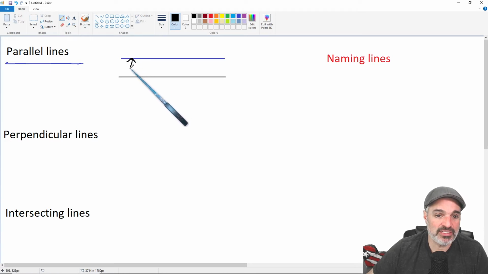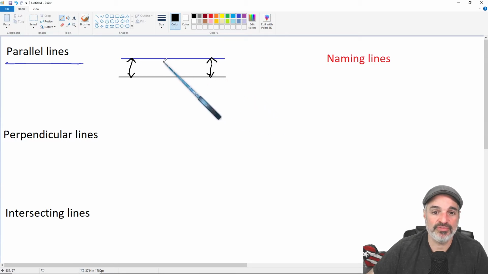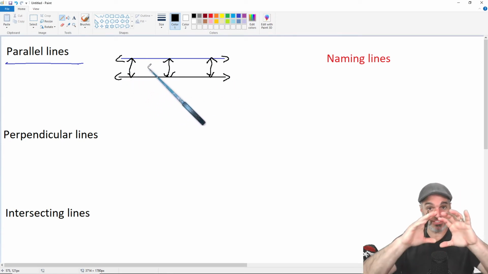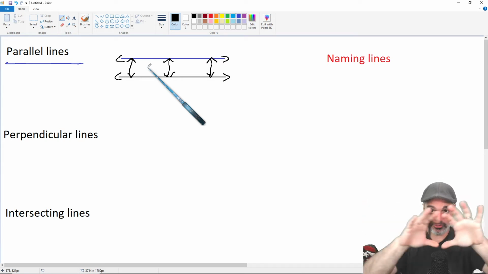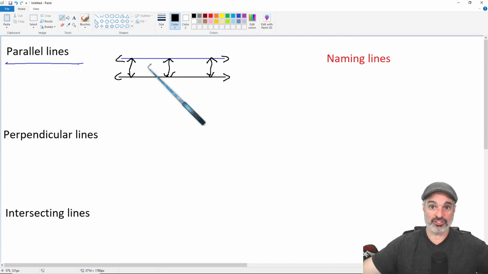Now, what we're really saying, guys, when we talk about parallel lines, is two lines that if you measure this distance from here to here, it's going to be exactly the same distance as if you measure it here, or in any other part of the line. Remember that both lines go on, they don't finish. They are interminable in both ends.